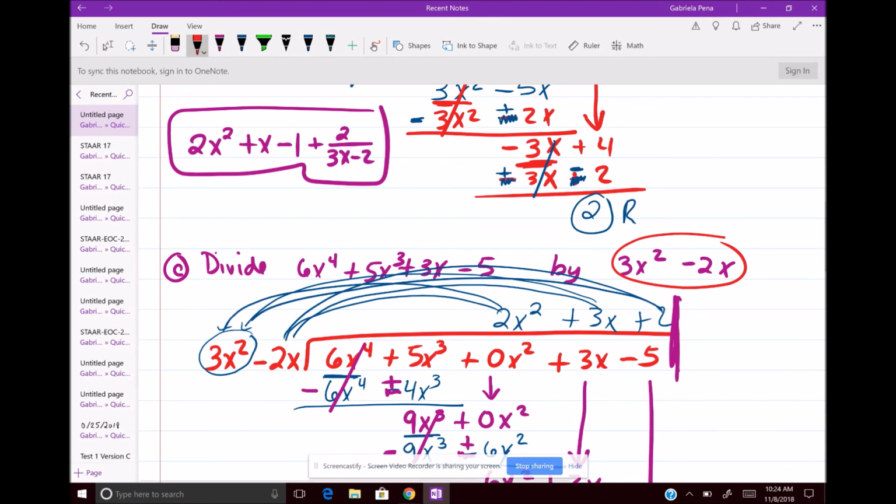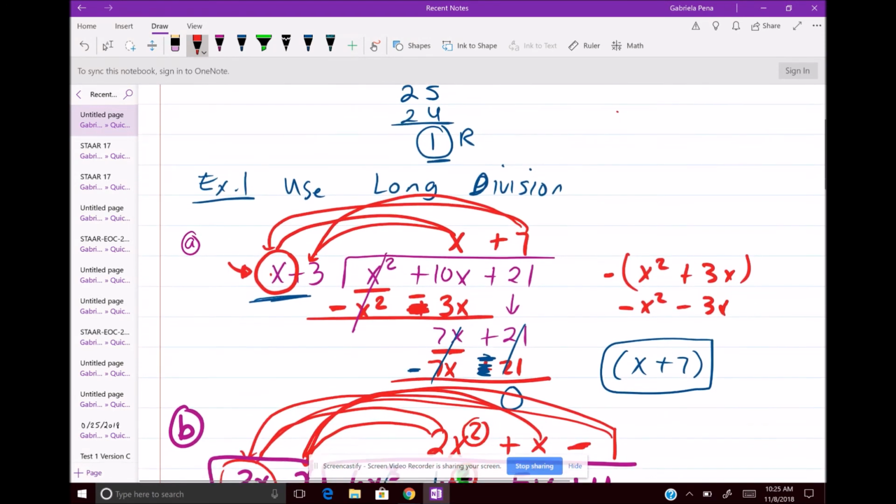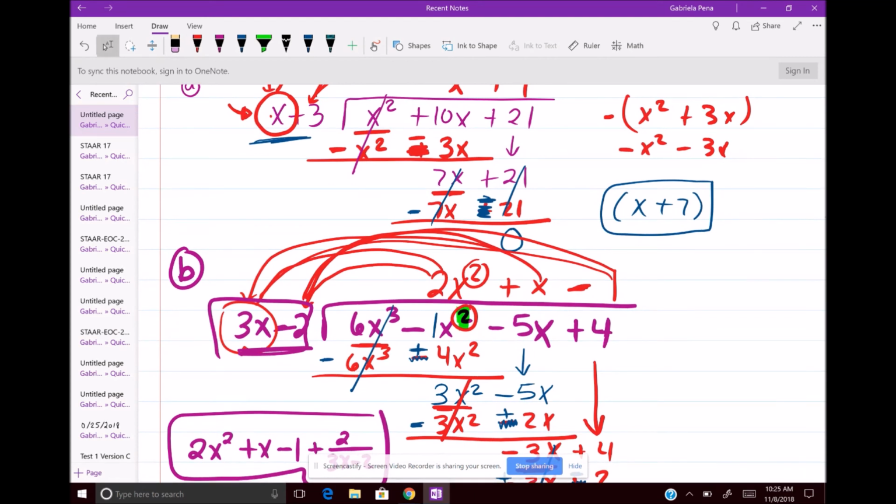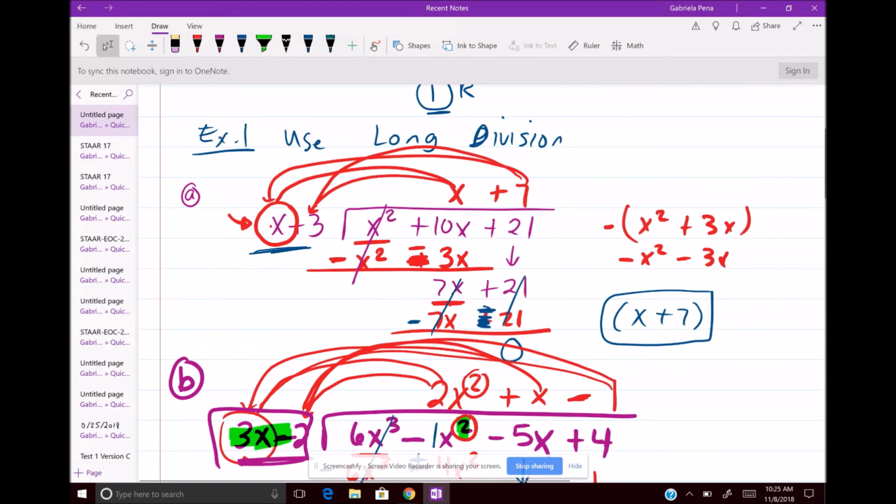Was it just x plus a number or x minus a number? No, right? Now, the first one, could I have done the first one with synthetic division? Yes, the first one I could have.